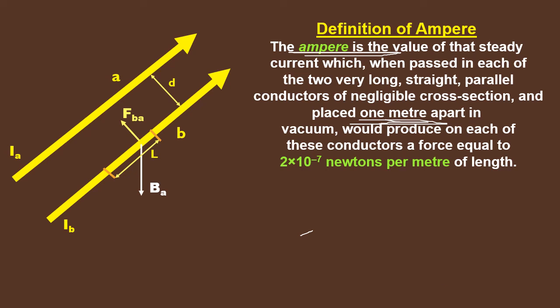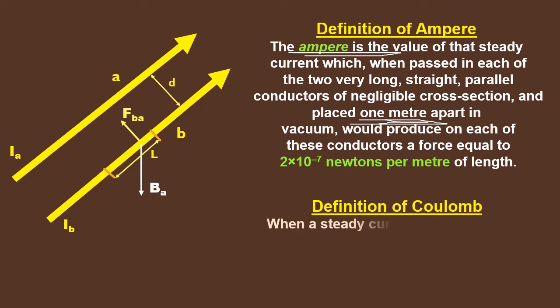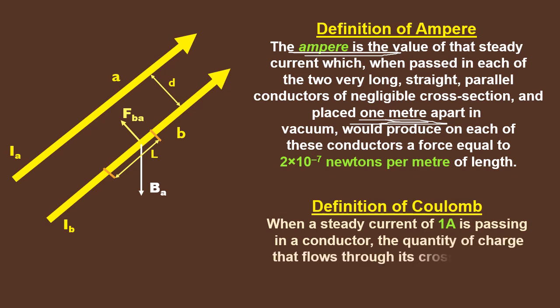In the same way, we can use this expression to define the Coulomb also. The definition of the Coulomb is easily given by the formula: when a current of 1 ampere is passing in a conductor, then the amount of charge that flows through it in 1 second is 1 Coulomb, because we know that I is Q by T, right?